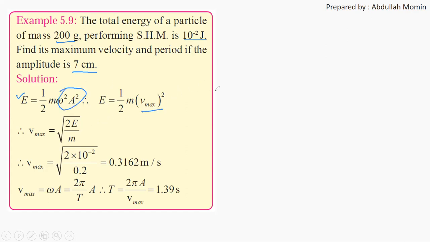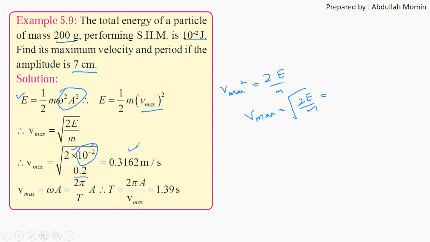So we will get V max square as 2E by m, and V max can be written as root 2E by m. The energy is 10 raised to minus 2 joule, and the mass is 0.2 kg.